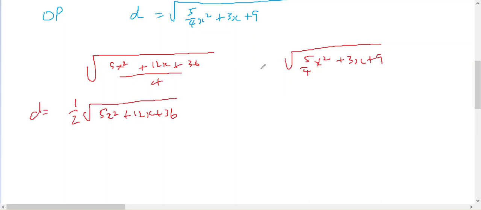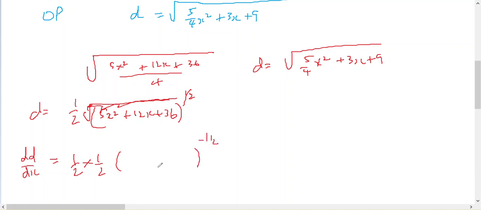If that's what D equals, then dD/dx, the derivative, will be, I have a half, I've got this thing to the power of a half. So it's going to be a half times that thing to the power of negative a half, times the derivative of the inside, which is 10x plus 12.